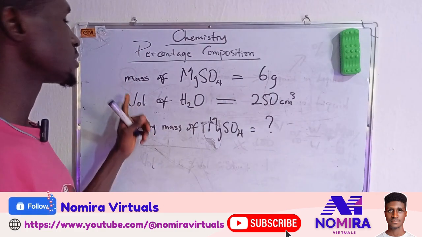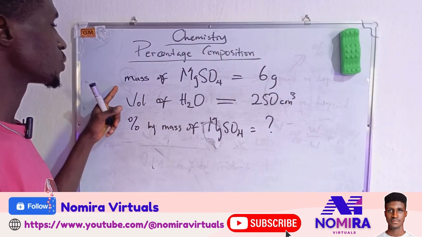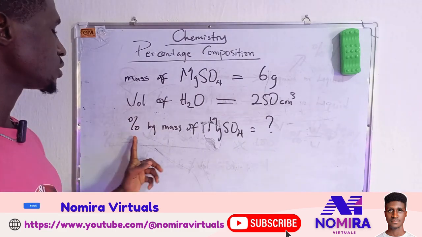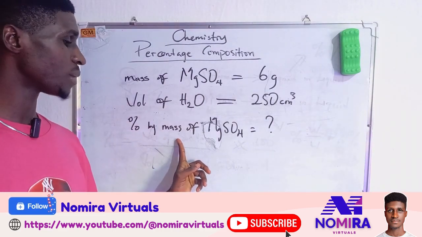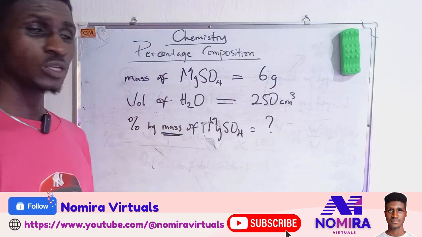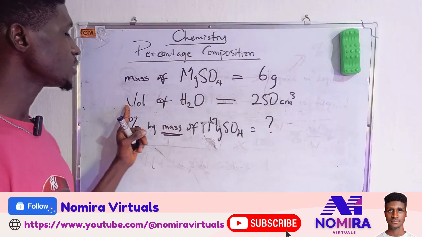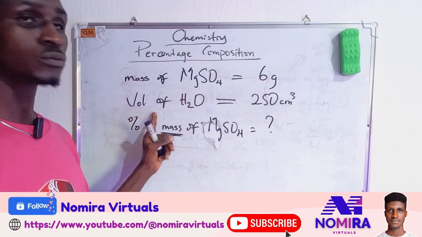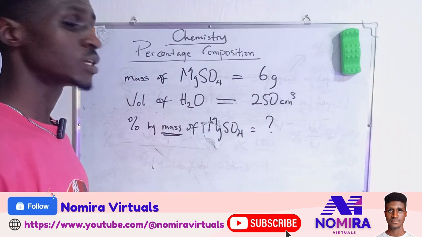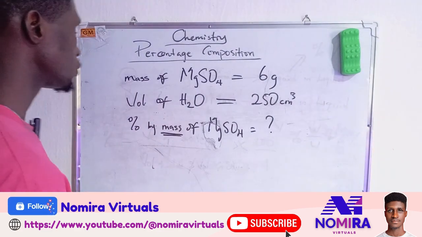which is magnesium sulfate. This is what we are asked to find. Now, for us to find this, remember, you cannot work with mass and volume at the same time. Since the question is on the percentage composition by mass, what you are going to do is find a way to convert this volume to give you an equivalent value in mass. How do you do that?